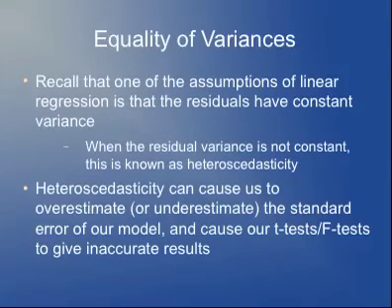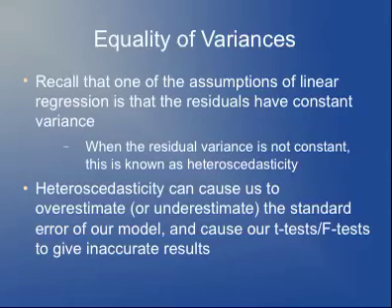The other assumption here is equality of variances. As you'll recall, one of the assumptions of linear regression is that the error terms or residuals have to have constant variance.